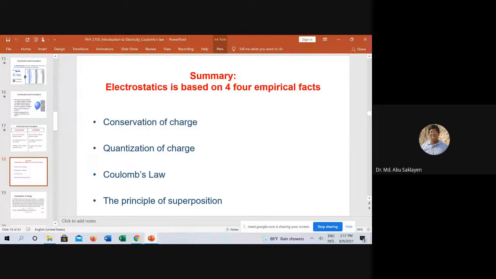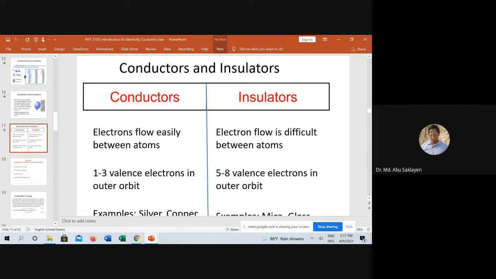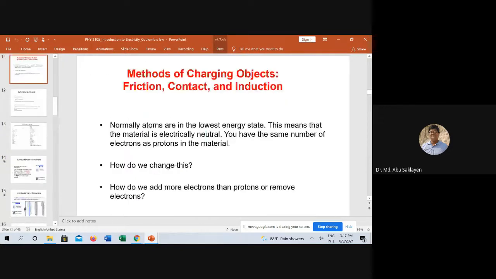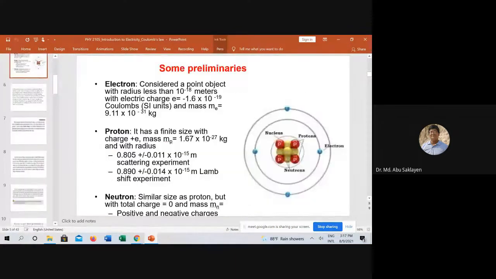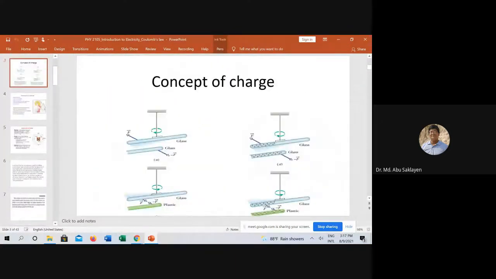During rubbing, do you think positive charge is created on the glass rod, or negative charge is created on the plastic rod? If we go back to the first slide, during or after rubbing, you got a charged glass rod, and this is positive.